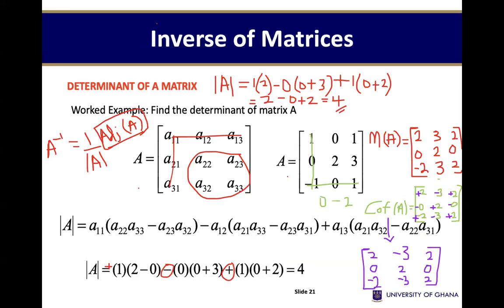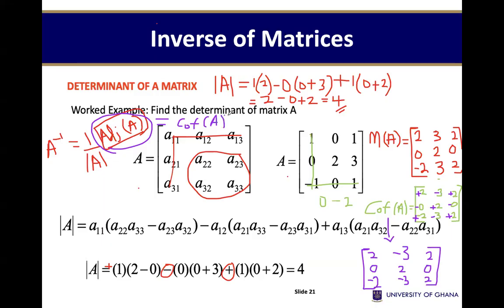And that is what gives us this formula you are seeing here, the adjoint. But the adjoint here means cofactors of A transpose, which we have found.